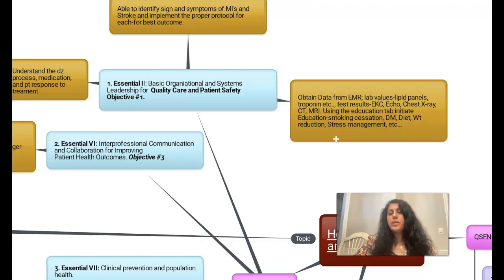Using the education tab to initiate education, like smoking cessation, these are the modifiable risk factors for heart disease and stroke. Smoking cessation is one of them, diabetes, diet, weight reduction, stress management, etc.